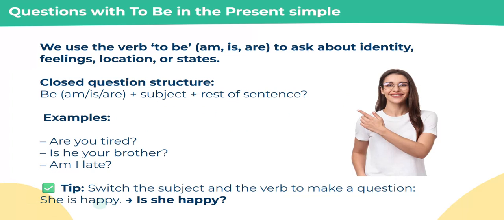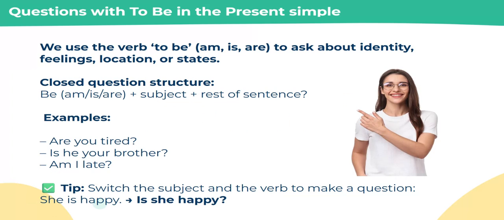We can use the verb to be, am, is, are, to ask questions about identity, feelings, locations, or states. We have a closed question structure here, which is the verb to be, either am, is, or are, plus a subject, plus the rest of the sentence.